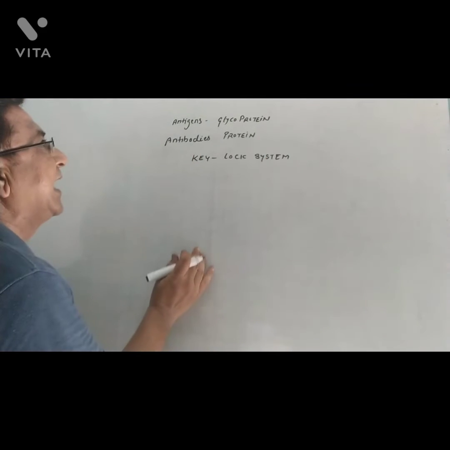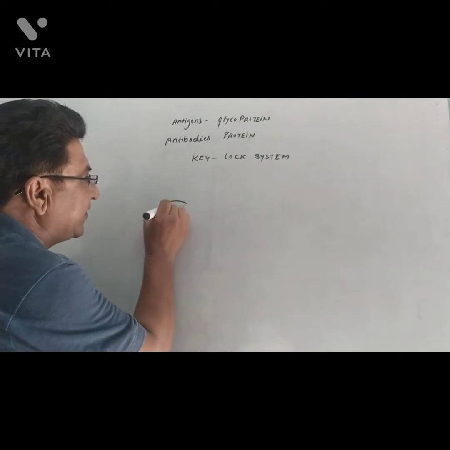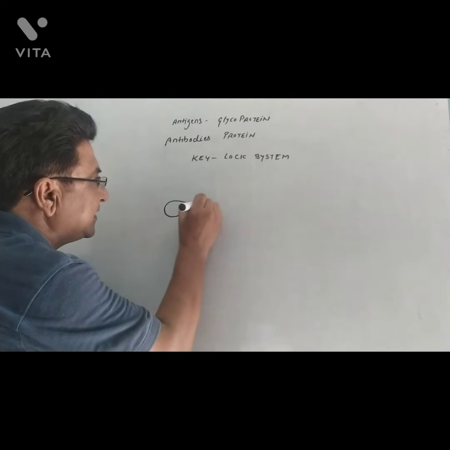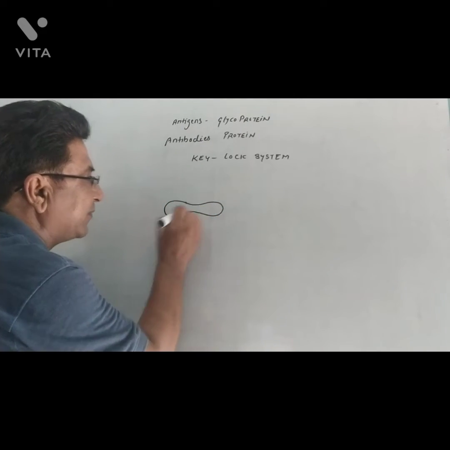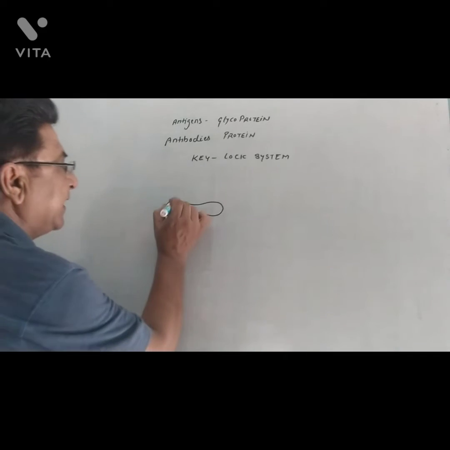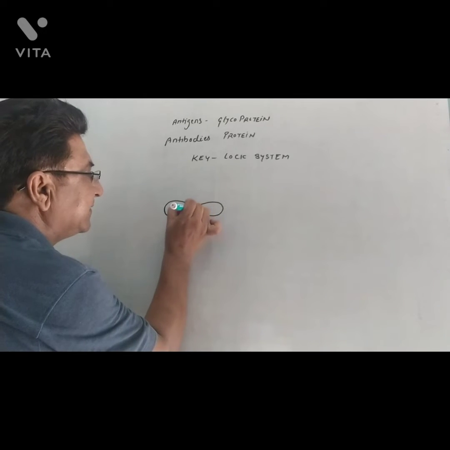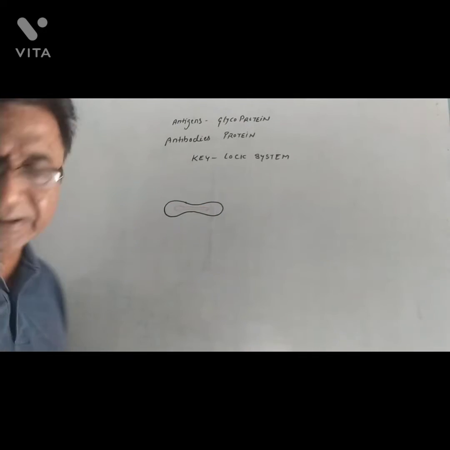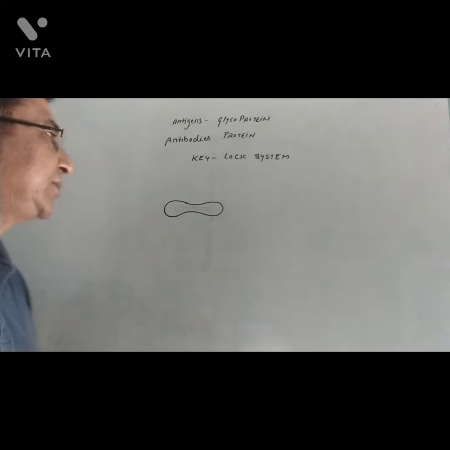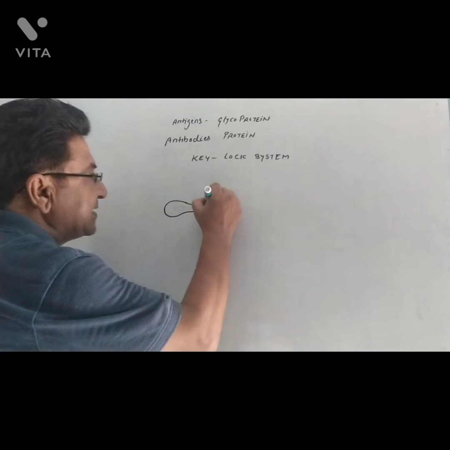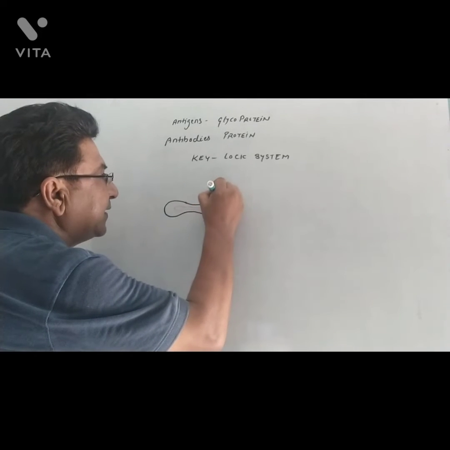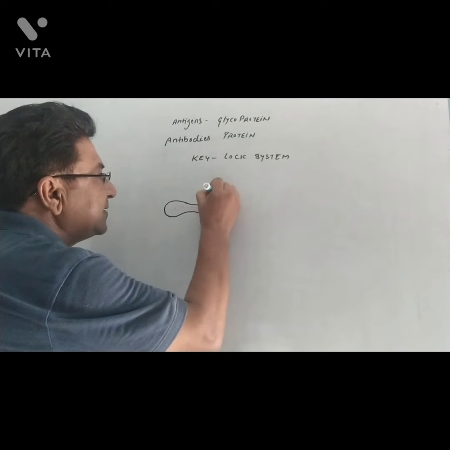Now we know that we have antigen on the surface of the RBC. This is hemoglobin which is present in it. We already discussed how much hemoglobin is present in a single RBC. It also contains antigen.